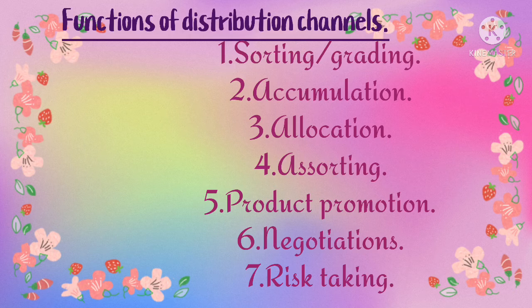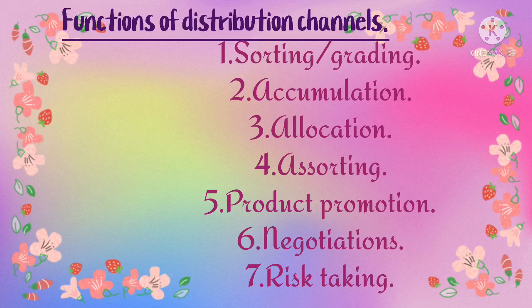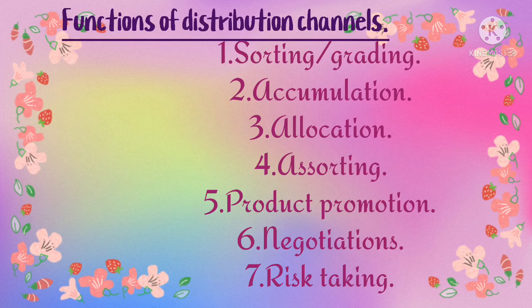So allocation means making the larger product into smaller quantities, so that they can sell according to the needs of the customers. Let's say a big packet of cashew nuts can be divided into smaller packs, say 1 kg, 500 grams, 250 grams, 50 grams, whichever is convenient for the customers.